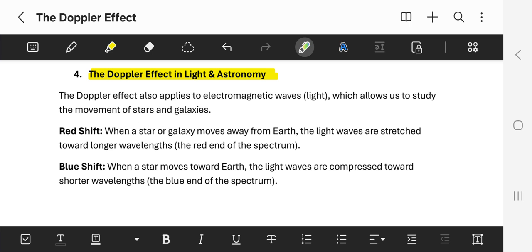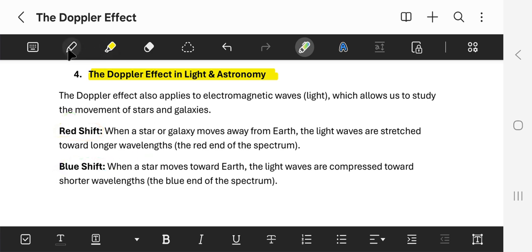So the Doppler effect concept is also about learning about the movement of stars and galaxies. And that movement, guys, is based on two shifts. We firstly have the red shift and we have the blue shift.